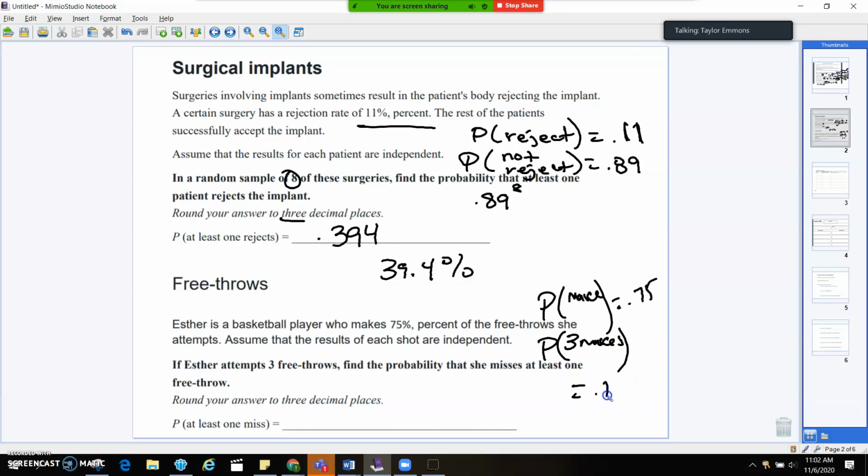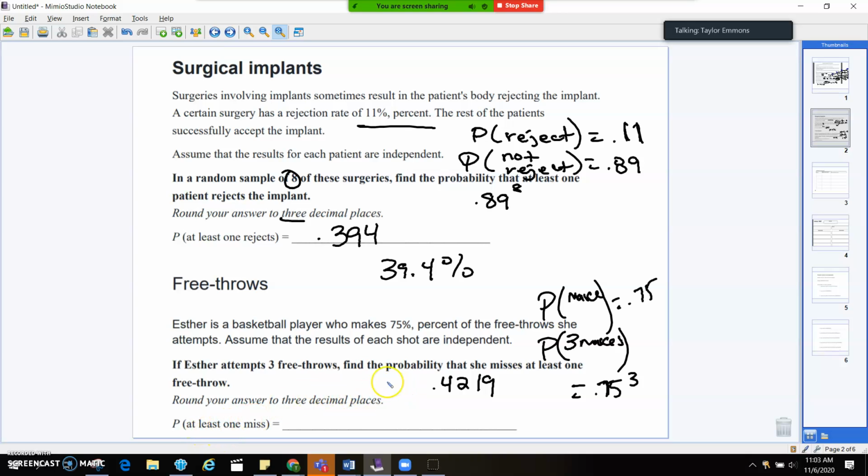So we're going to say 0.75 to the 3rd power. And so that's going to be, you said it, what is it? 0.42. 0.4219. And now we want that she misses at least 1.